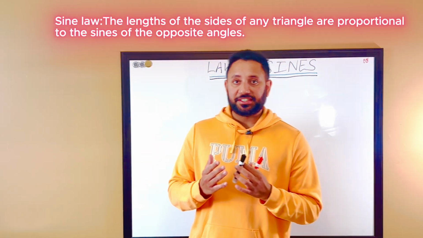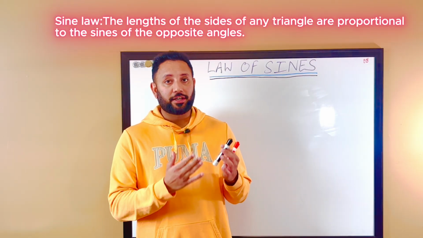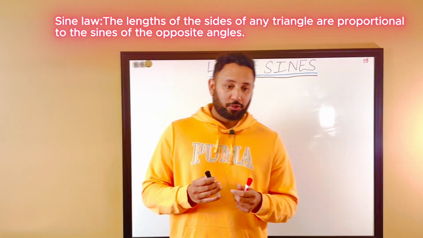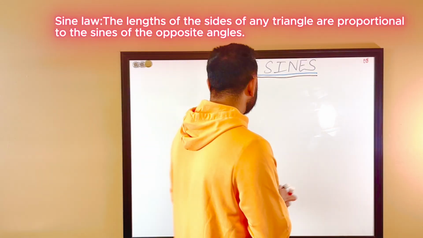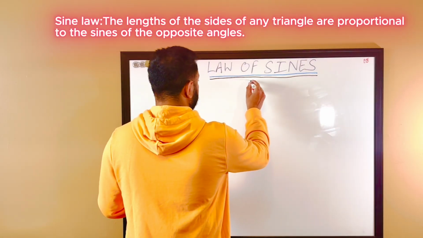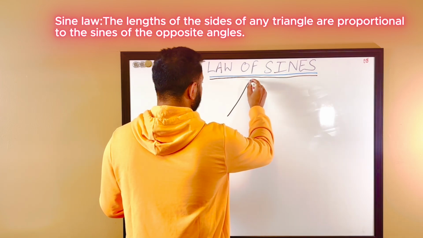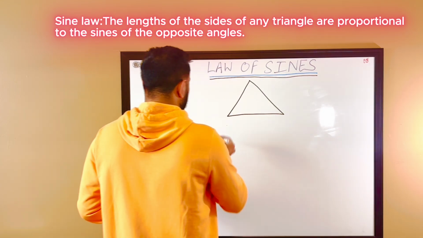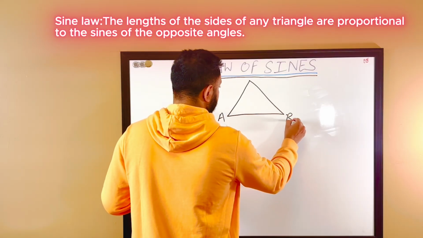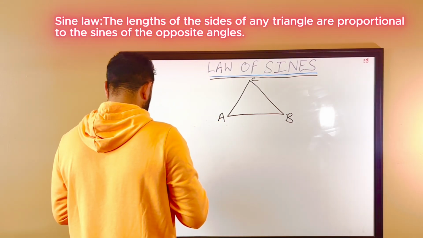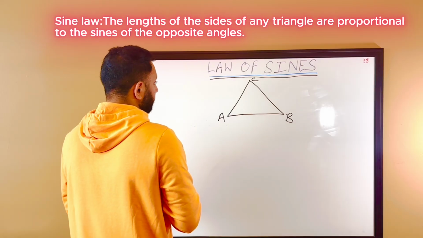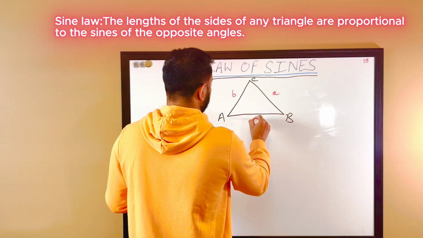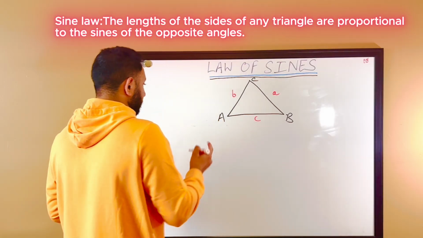The law of sines says that the length of sides of any triangle are proportional to the sines of opposite angles. So that means, let's say this is any generic triangle with angles A, B and C, and small a, small b and small c are the lengths of the sides.